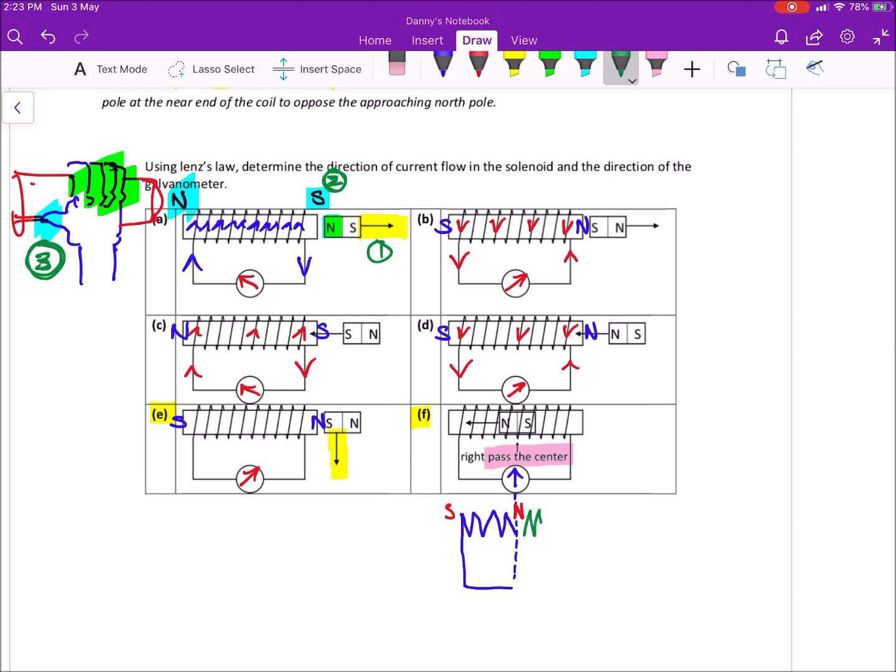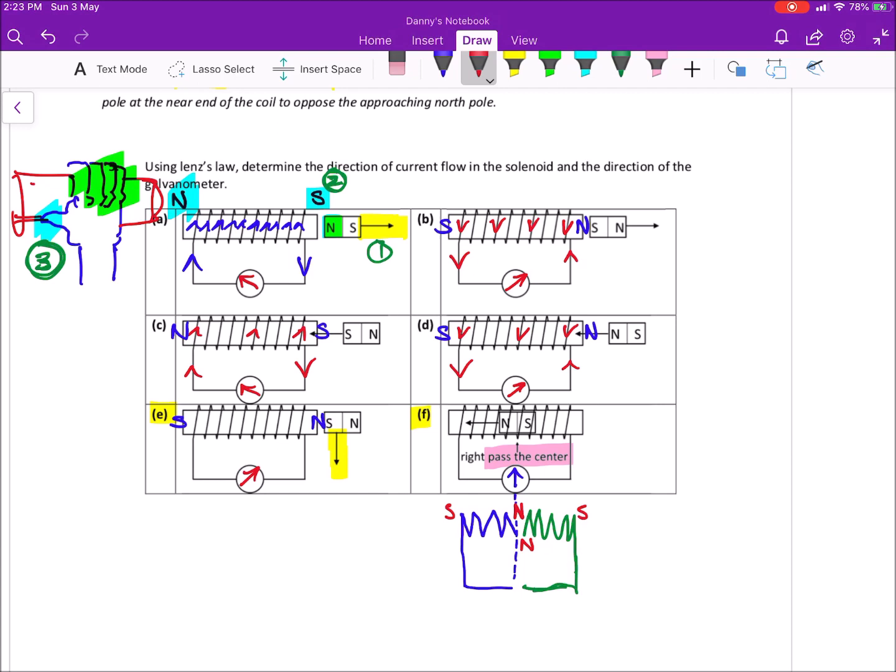The right half of the solenoid, which is this green part, the magnet is actually leaving. It means that the south pole is actually leaving. So to this green part, because the south pole is leaving, obviously I want to resist, right? So to the green part, I would need to have an induced north here to actually slow down the leaving of the south pole, right?